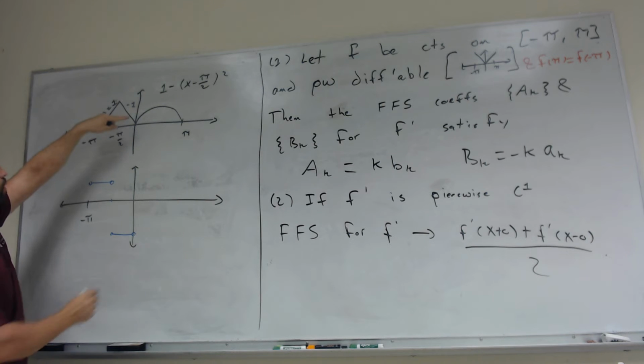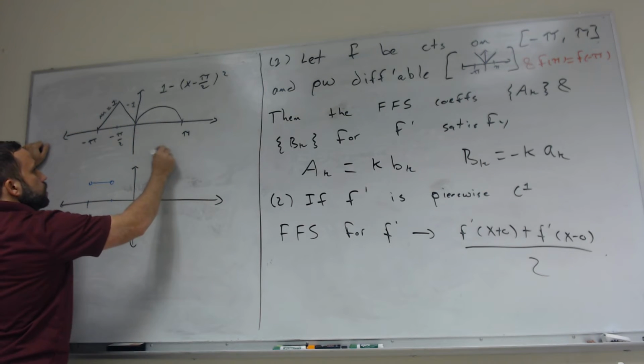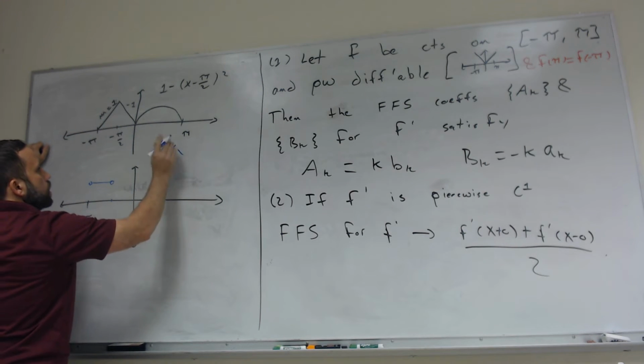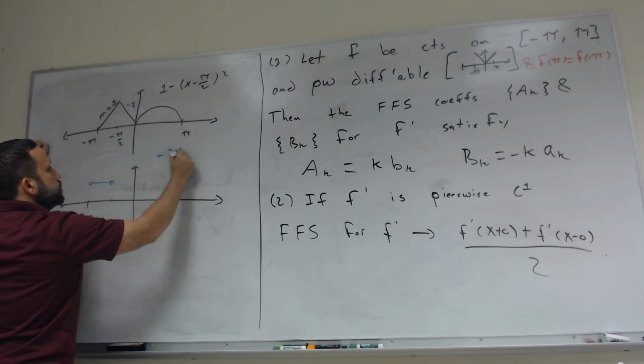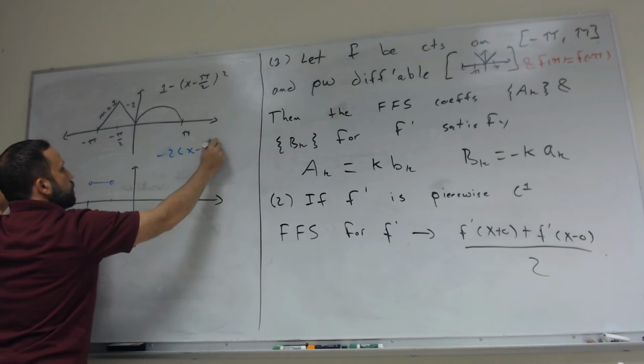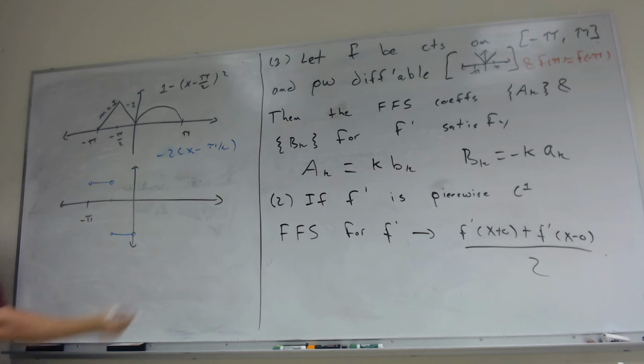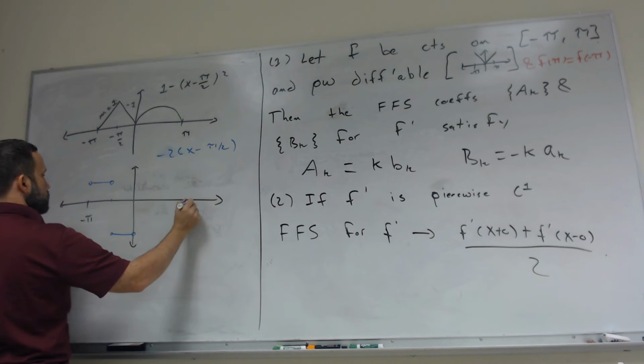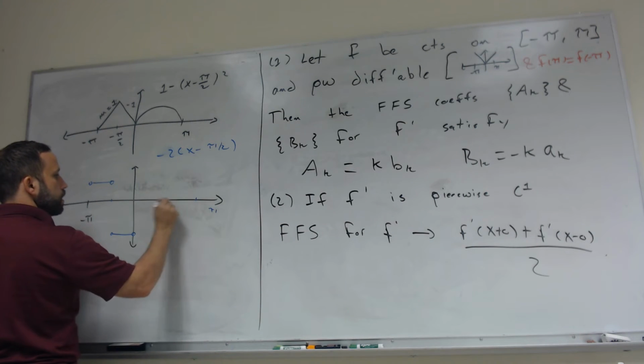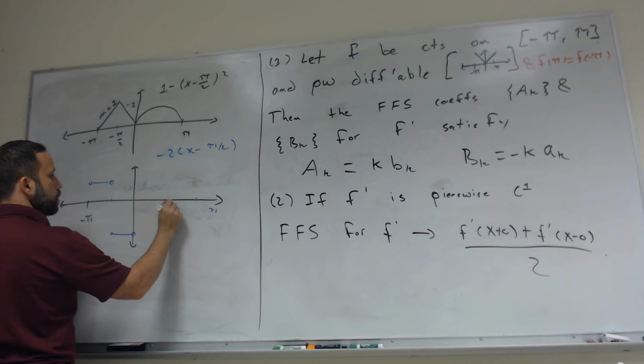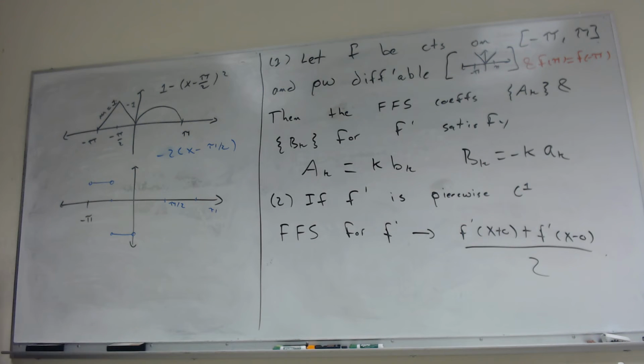Okay, now the derivative of this function is equal to minus 2 times (x minus pi over 2). So let's say this is pi over 2. This is going to be a line with slope minus 2, and the y-intercept is going to be equal to pi.